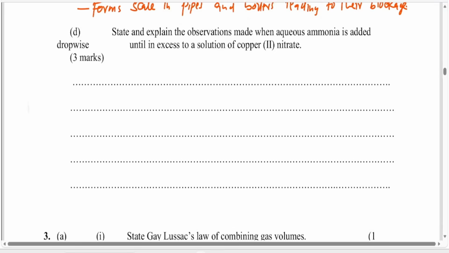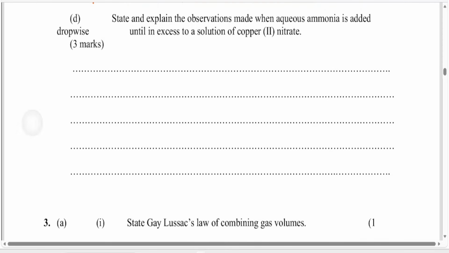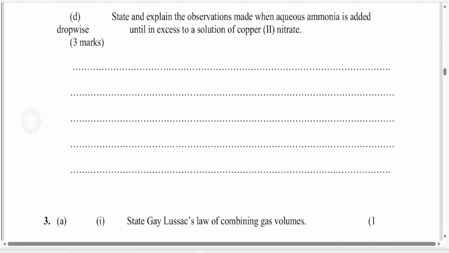Part D of this question: state and explain the observations made when aqueous ammonia is added dropwise until in excess to a solution of copper 2 nitrate. Learners, we need to understand this is qualitative analysis, again applied in paper 2, and the formation of precipitates when we use aqueous ammonia.